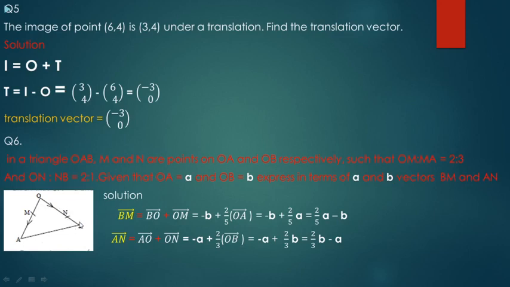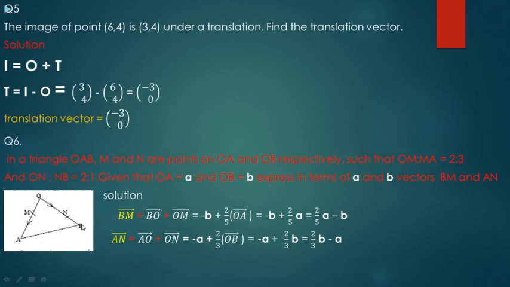Let's start with BM. I want to move from B to M without going direct. The easiest way, of course, you can come this way and then go that way, but you don't have BA unless you start finding it. Why give yourself the stress of finding BA first? We know BO. So the easiest way is to move from B to O, which you already know, but remember you're going against the direction you are given.